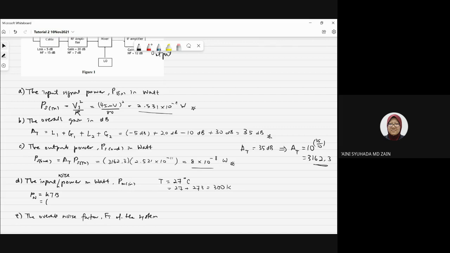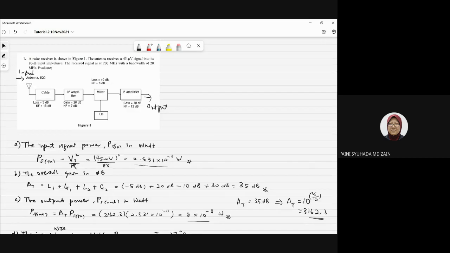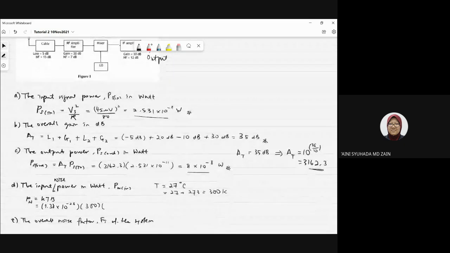So the Boltzmann constant is given, K. The bandwidth is also given in the equation. So the Boltzmann 1.38 times 10 power of minus 23. The bandwidth just now is given 20 megahertz.